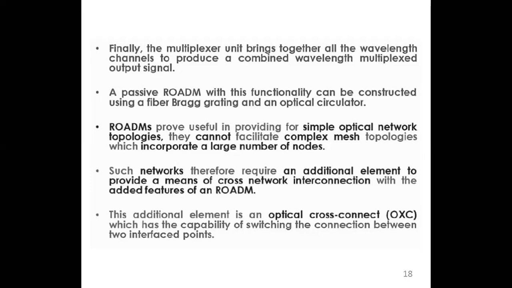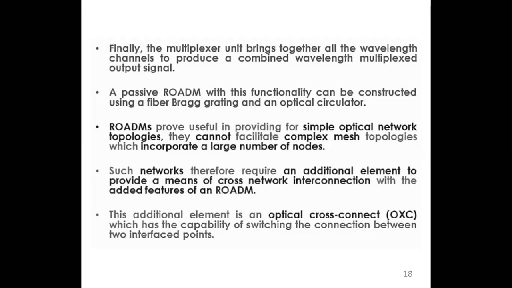So when the ROADM is used for a very large number of nodes, and when the network is very complex, like a mesh network, in that case, with the ROADM, we also need to use what is known as an optical cross connect.